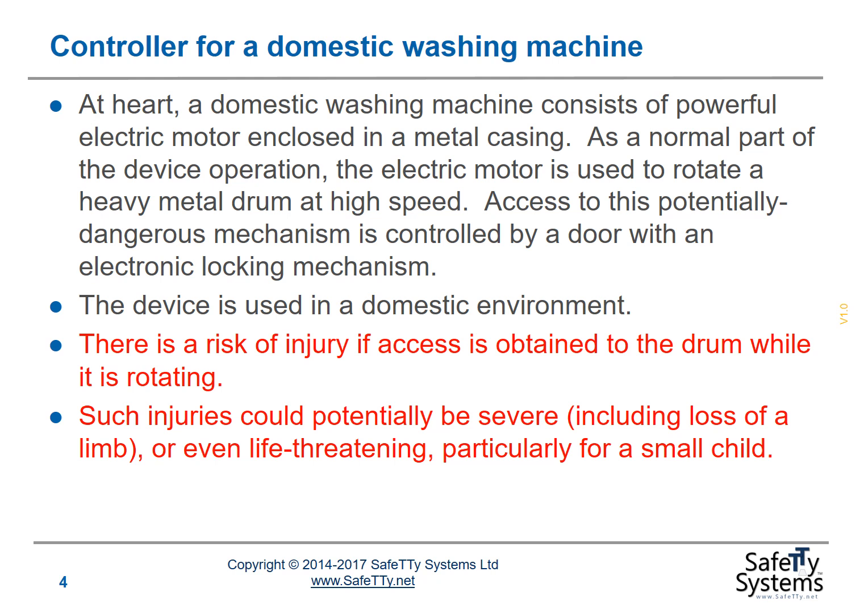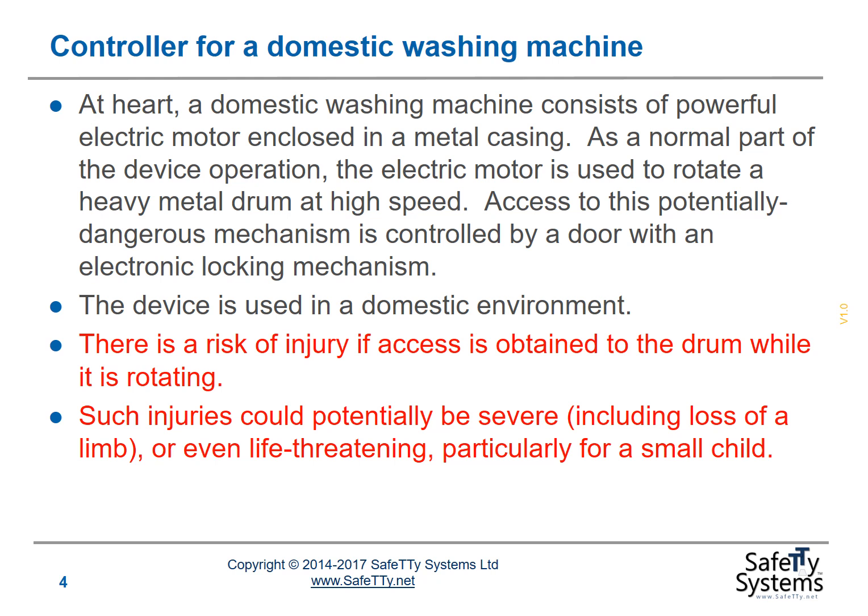At the beginning of any project like this, we need to begin to consider some of the safety and sometimes security hazards. At the heart of a domestic washing machine, we have a powerful electric motor enclosed in a metal casing. As a normal part of the device operation, the electric motor is used to rotate a heavy metal drum at high speed. Access to this potentially dangerous mechanism is controlled by a door with an electronic locking mechanism.